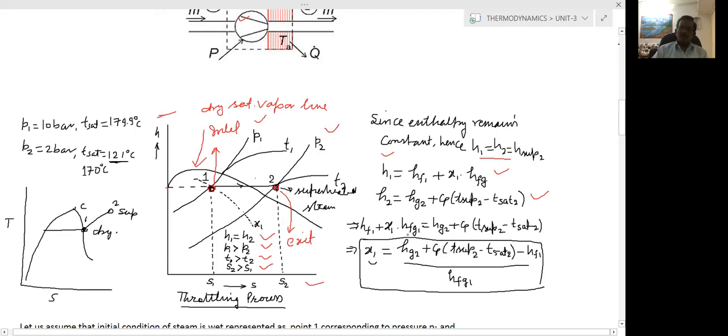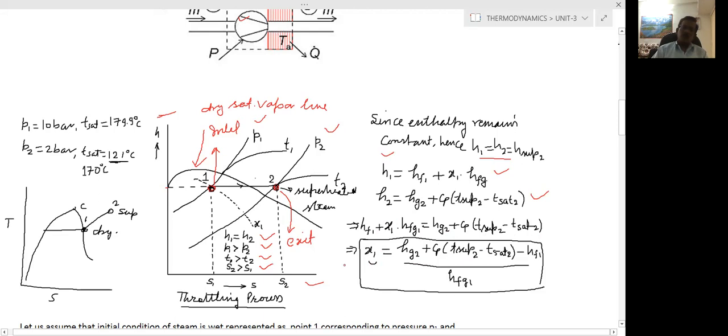By equating, we can write: Hf1 plus X1 Hfg1 equal to Hg2 plus Cp (T super 2 minus T saturated 2). And from this, we can write X1 equal to [Hg2 plus Cp (T super 2 minus T saturated 2) minus Hf1] divided by Hfg1.